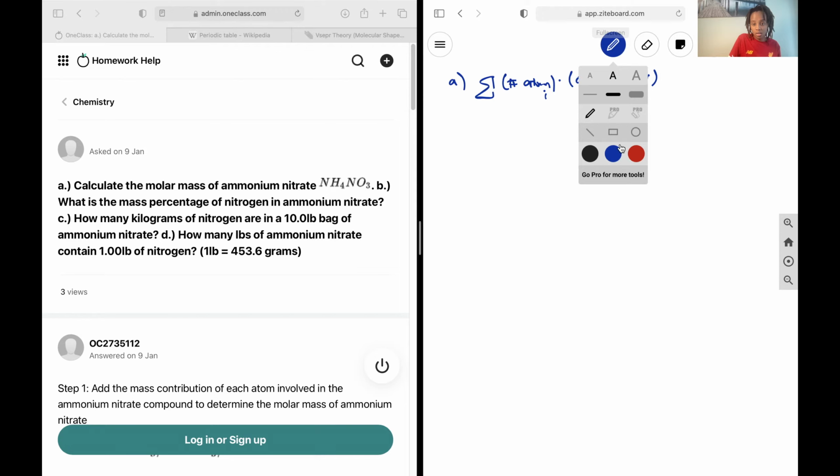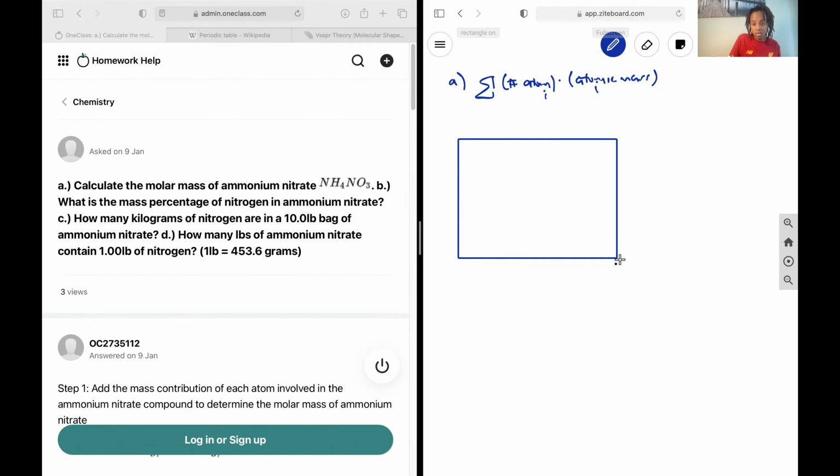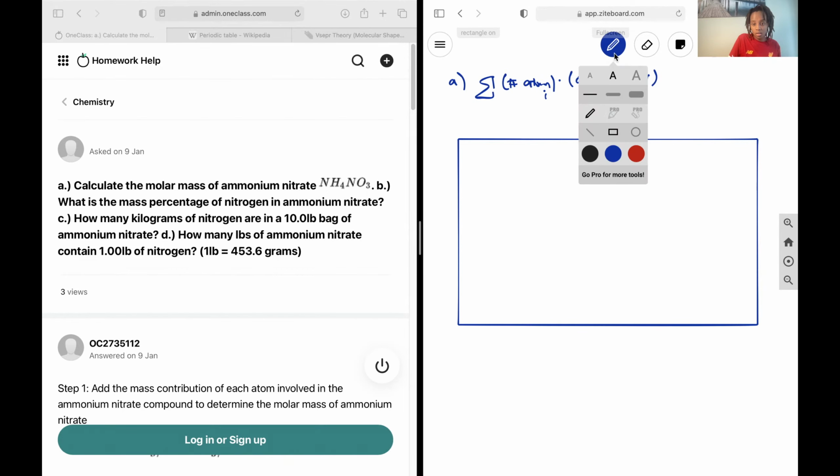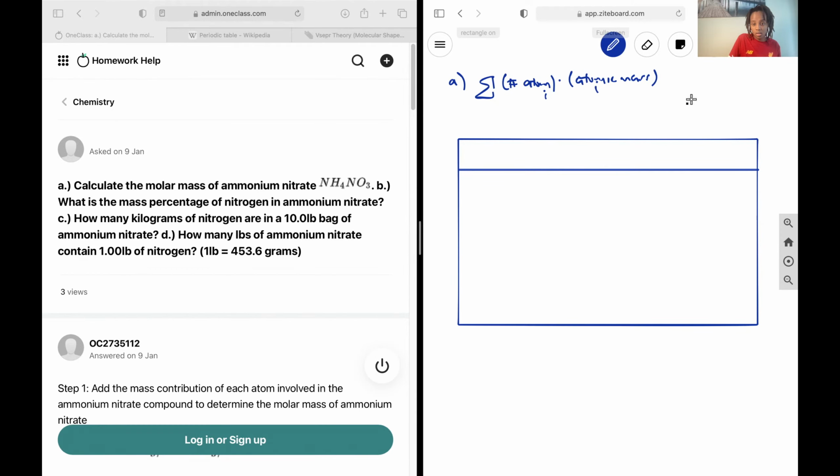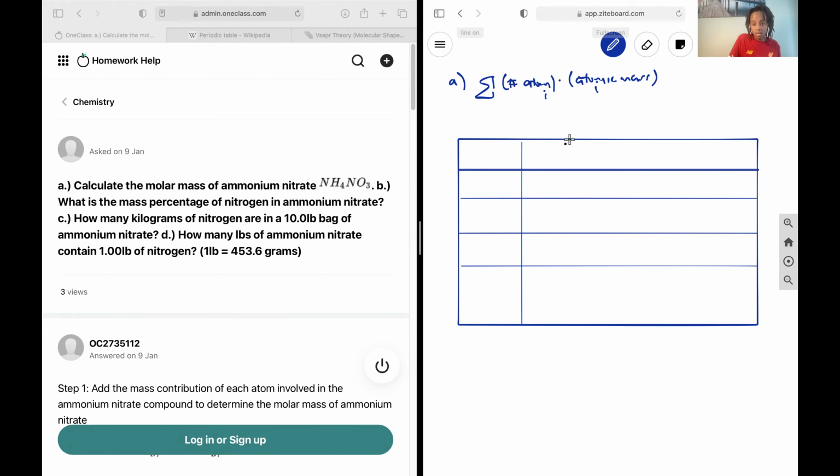Okay, and so let's draw a table again if we'd like. You're going to have our element, the number of that atom, and then the atomic mass.